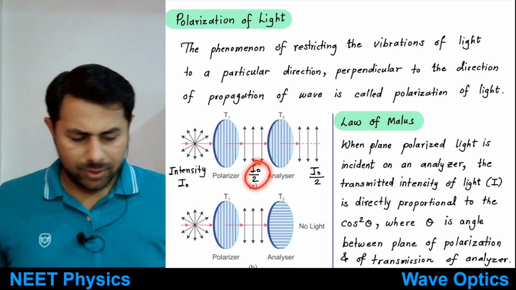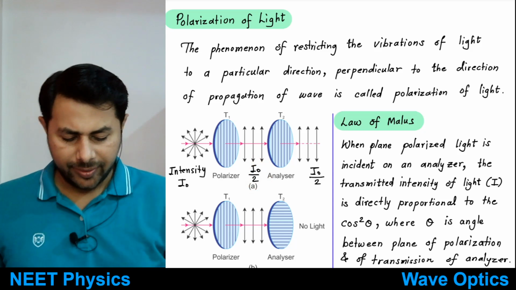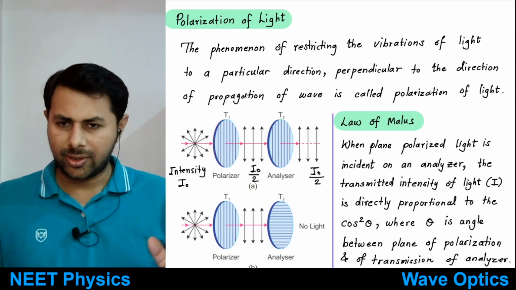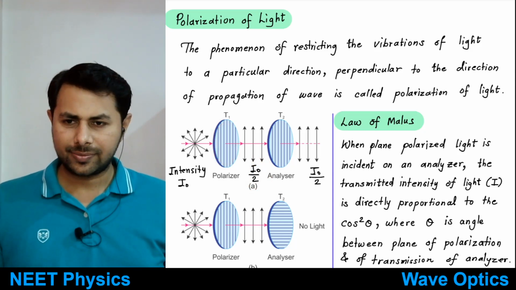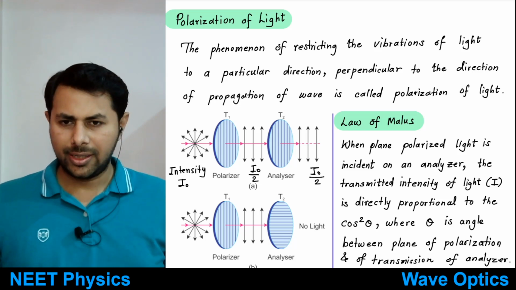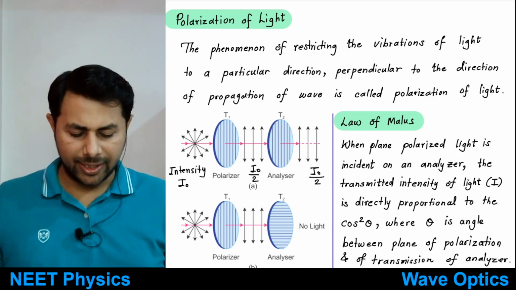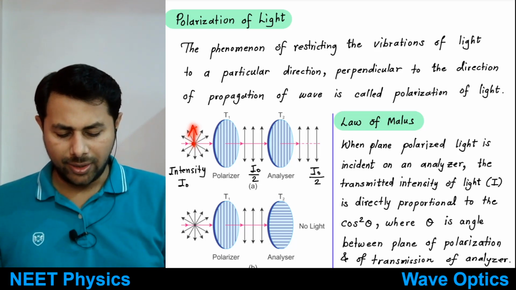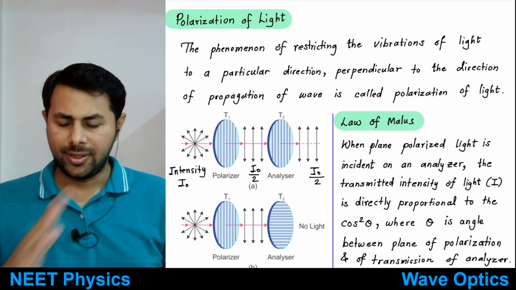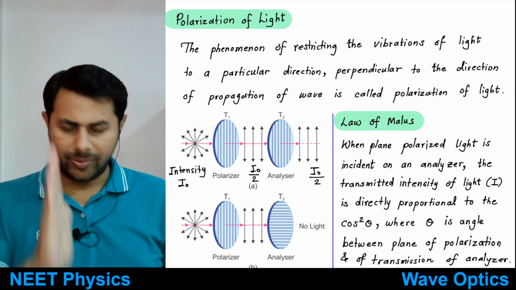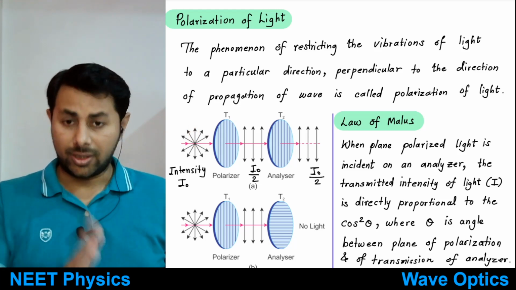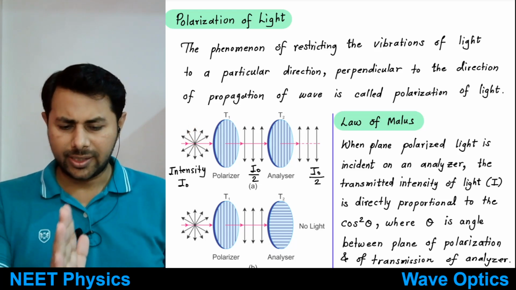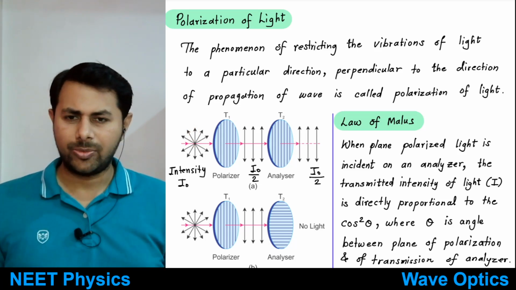Roughly, the electric field is oscillating in random directions, and therefore if you find the components of the electric field parallel to the pass axis and perpendicular to the pass axis, the two components would be equal.